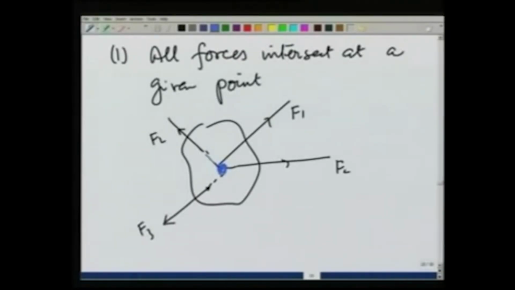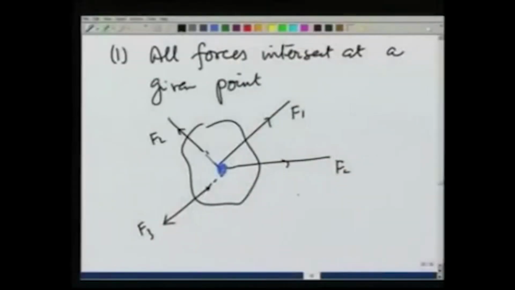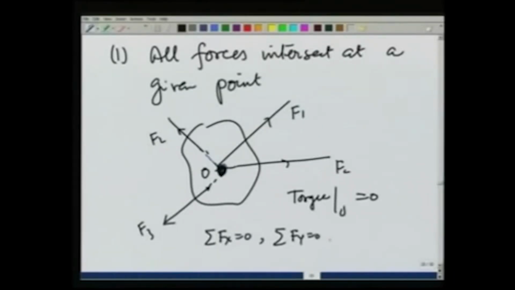In that case, the condition that torques be 0 becomes irrelevant, because if I take the torque about this point O where they intersect, the torque would be 0 for all the forces, and therefore, the only equilibrium conditions I require are summation f x equal to 0, summation f y equal to 0, and summation f z equal to 0.